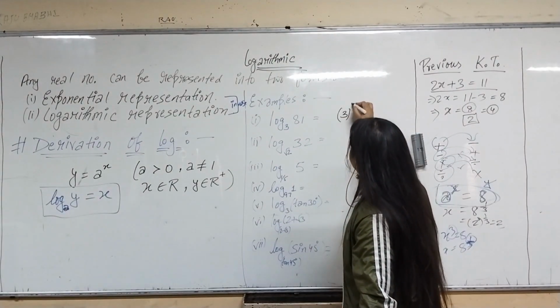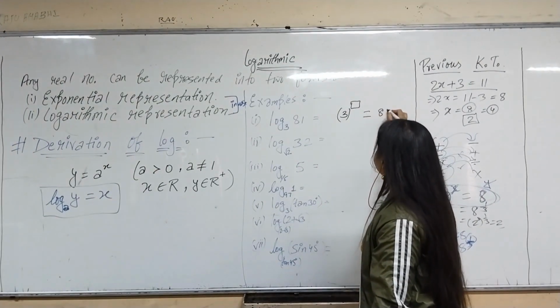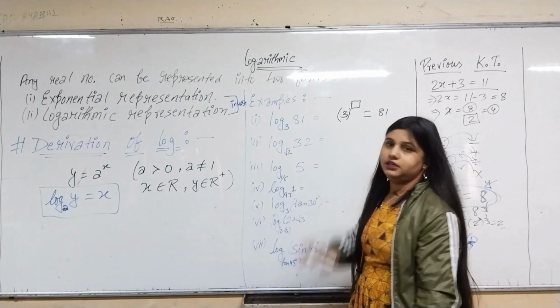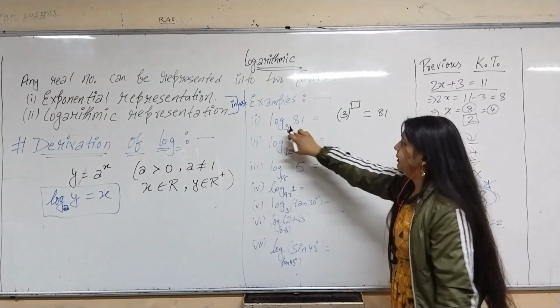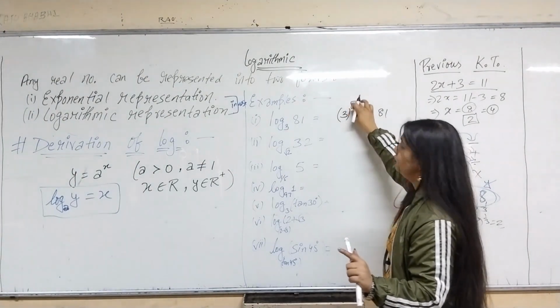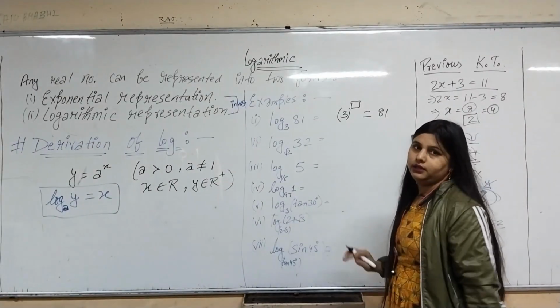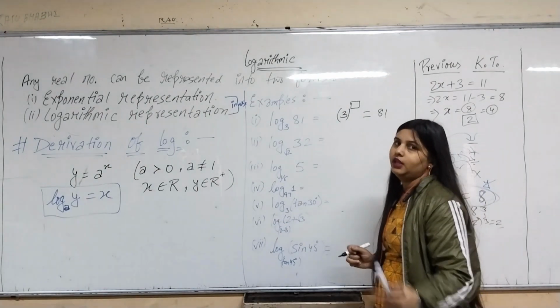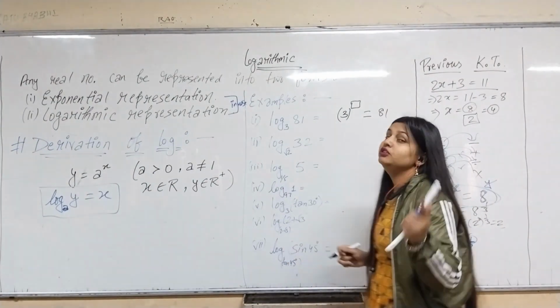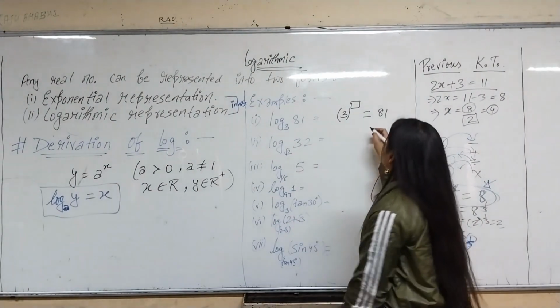We want to fill this block so it will give us 81. 3 is our base, no doubt. We want to find that power. Would you say 3 to the power 4 equal to 81? That's correct.